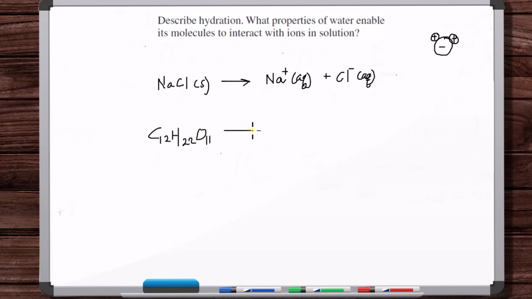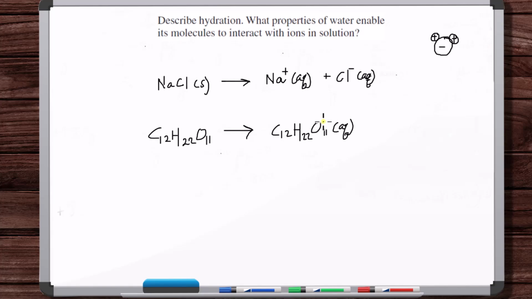For sugar, this goes to completion as well. All of the sugar dissolves and becomes aqueous, but there's no ions, but it still gets dissolved, and this sugar gets hydrated.